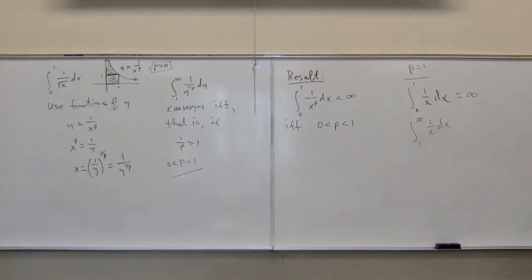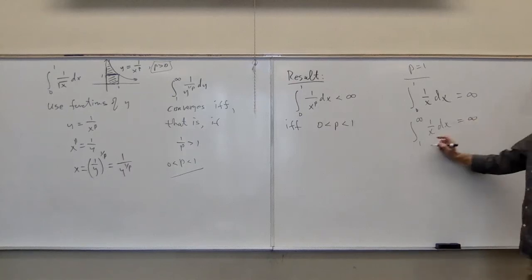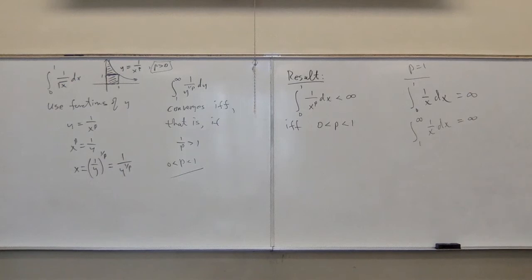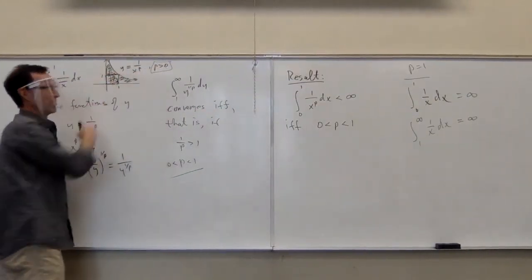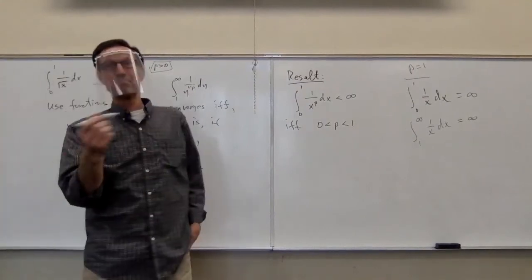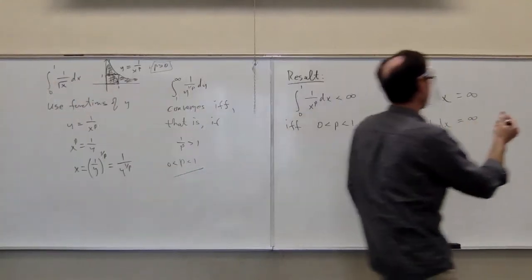Good or bad? Converge or diverge? Diverge. May feel bad. So with the power P equals 1, both sides diverge. You see what I mean by both sides? This side over here and this side over there. They both are infinite.